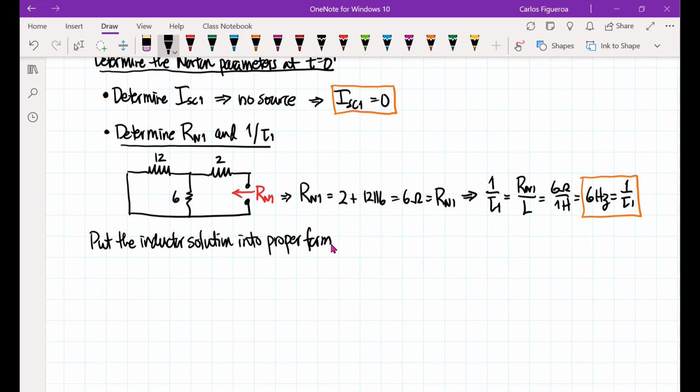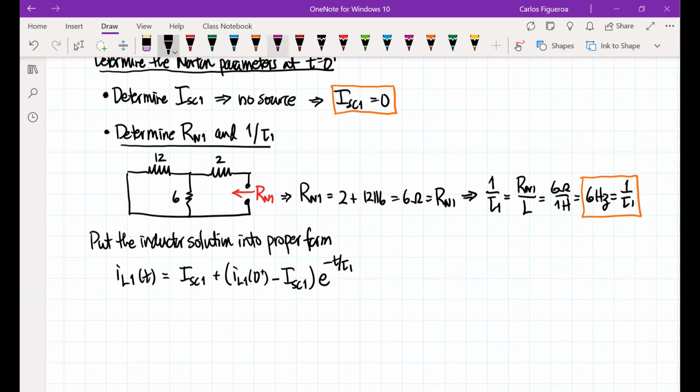So then I see that IL1, and I'm just going to write t for right now, has to be I short circuit 1 plus IL1 at 0 minus I short circuit 1 times e to the minus t over tau 1.